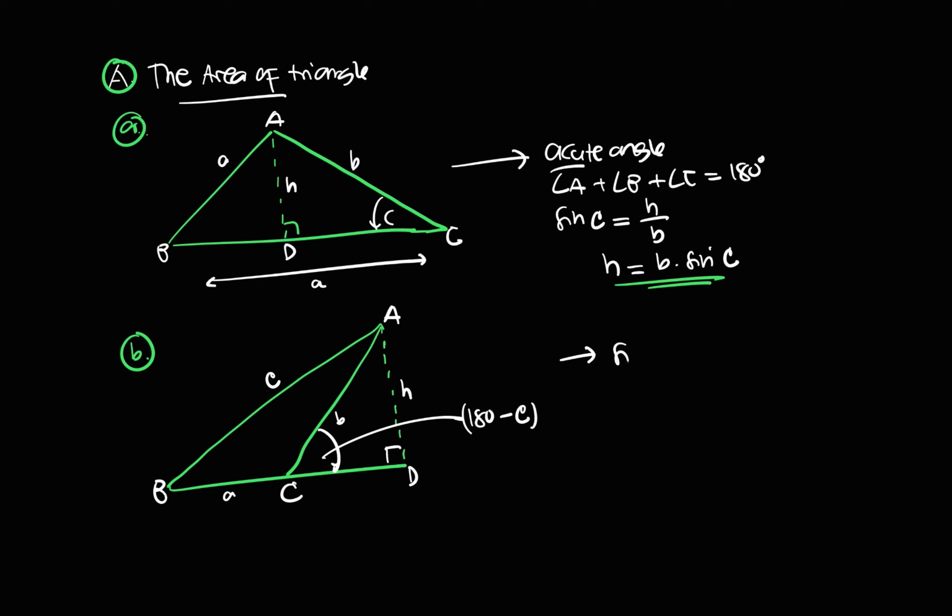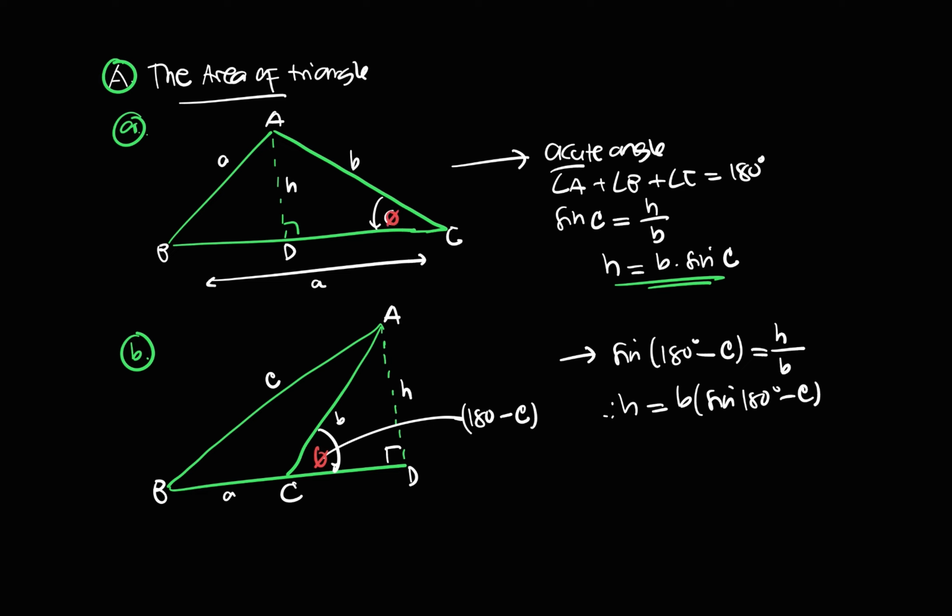So sine C here is something that we have to find out, or if it is known, 180 minus C equals the height out of B. Okay, so we can find that height equals b times sine of 180 minus C. So the C is here, the one that is theta.